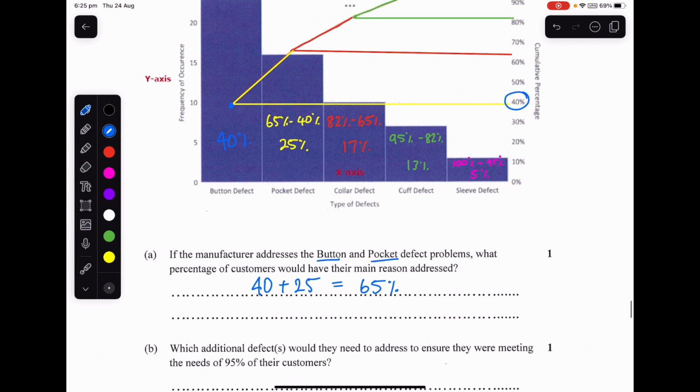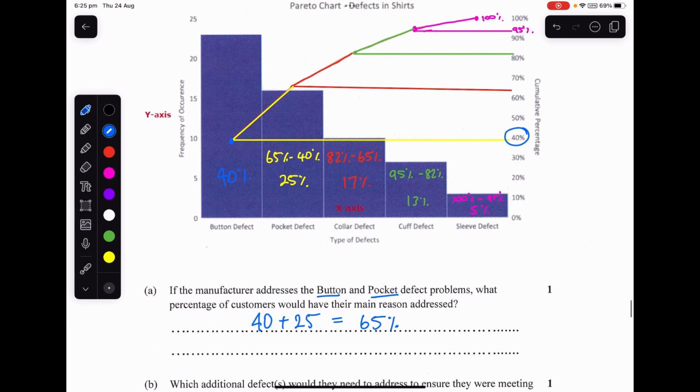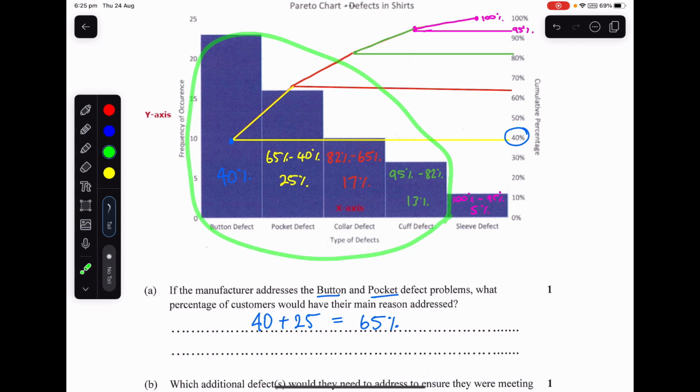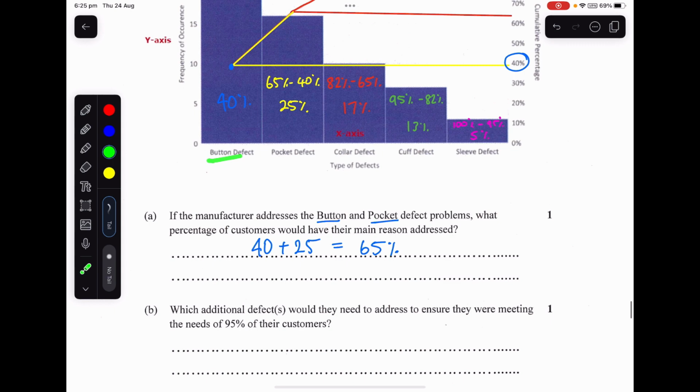The next one says, which additional defects would they need to address to ensure they were meeting the needs of 95% of their customers? Well, 95% of their customers is going to be all of these ones, isn't it? Because this last one here is the 5%. So far we've done button and pocket, so we would need to add collar and cuff as well.